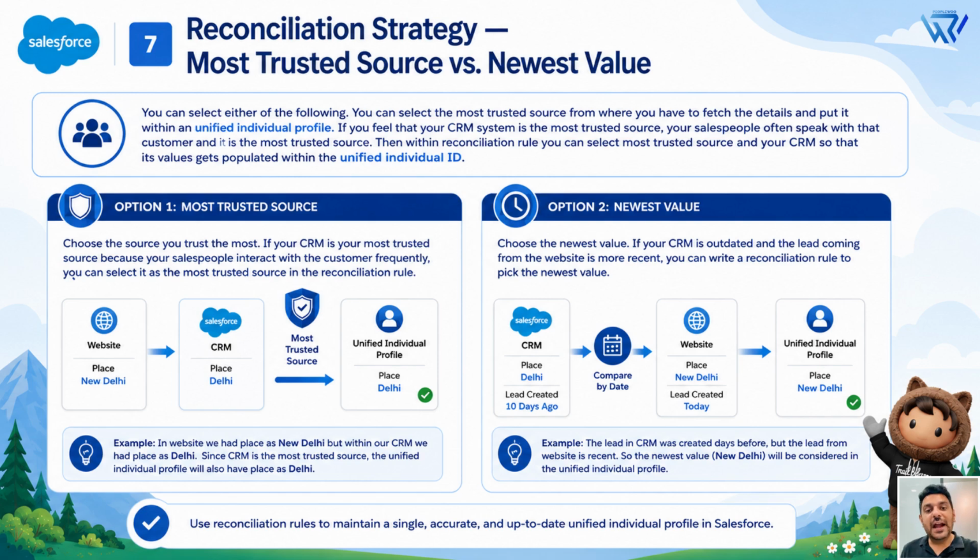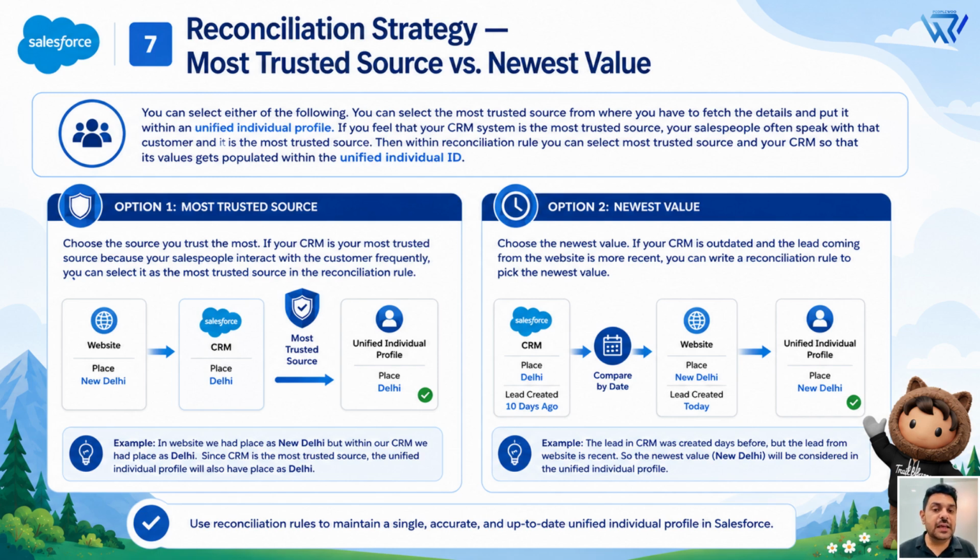So in the website we had place as New Delhi, but within our CRM we had place as Delhi. So if you select most trusted source as your CRM platform within your reconciliation rules, the unified individual profile will also have place as Delhi.